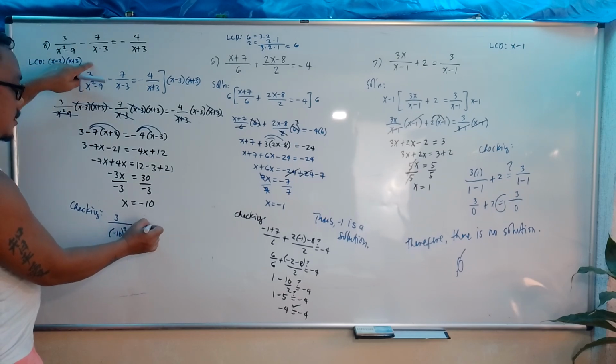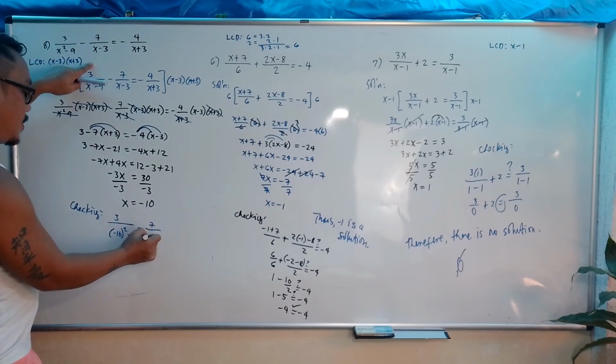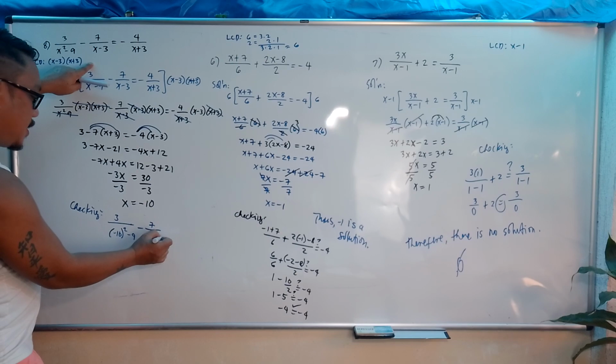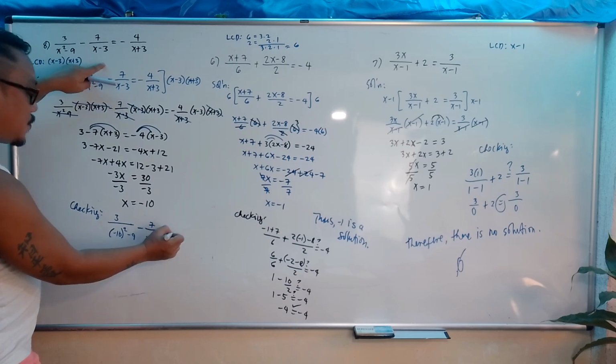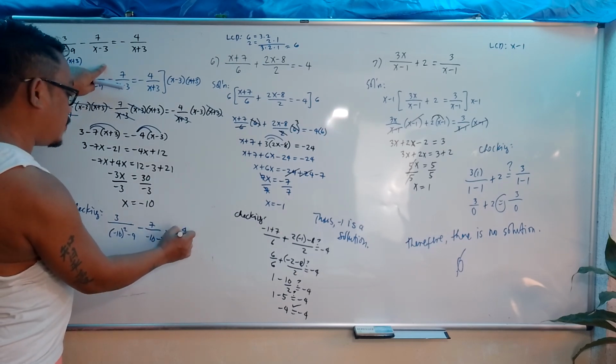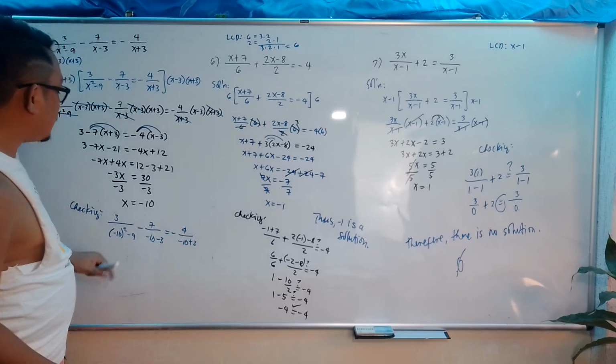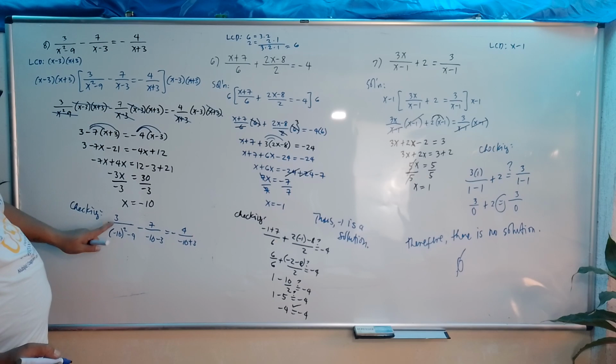So, minus 7 over negative 10 minus 3 is equal to negative 4 over negative 10 plus 3. Okay, sakto ba ta?